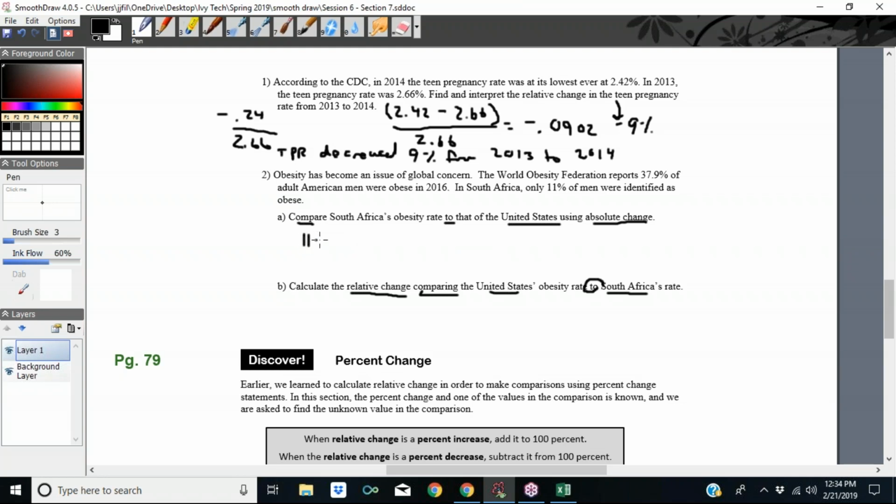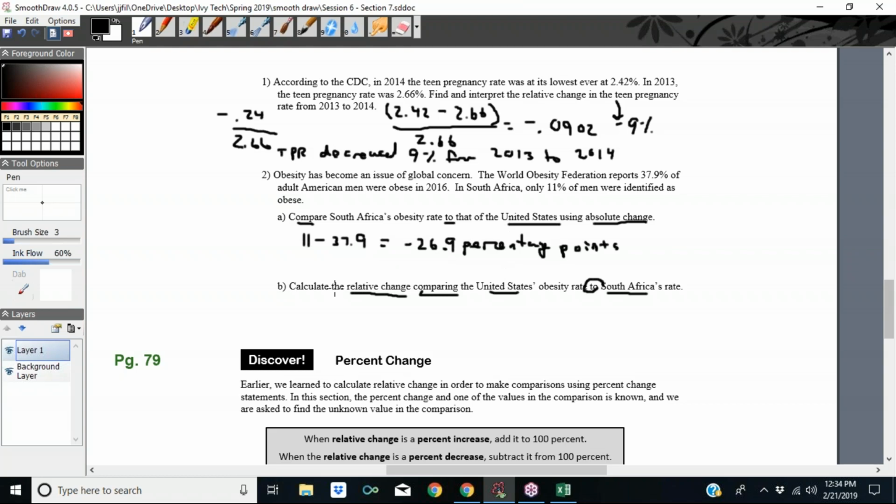So 11 percentage points minus 37.9 percentage points. So negative 26.9 percentage points. So we could say something like South Africa's obesity rate is 26.9 percentage points less than that of the US. That's how we would say that.